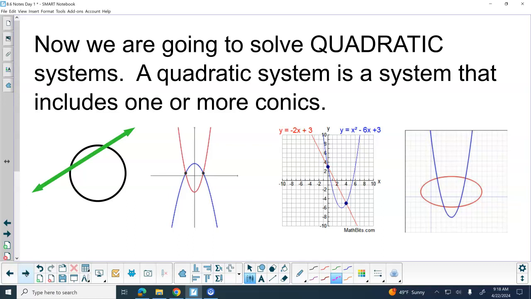But if we go to another set of conics, like here with this ellipse and a parabola, we have 1, 2, 3, 4 intersection points that we all need to find. Okay? So it all depends on what you're dealing with as to how many answers you're going to get. You can get a lot of answers in these very quickly. Okay?